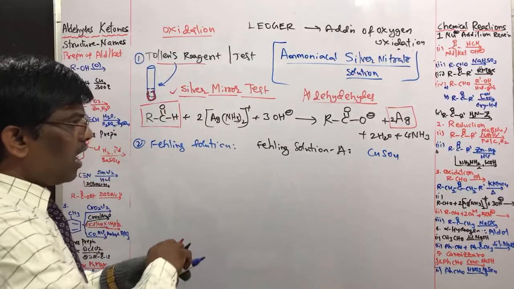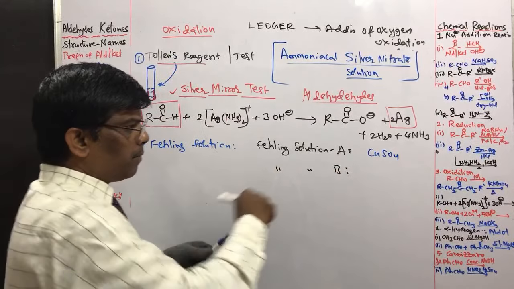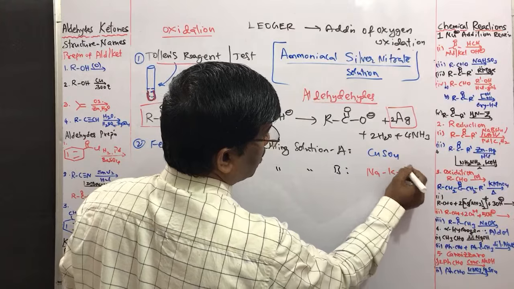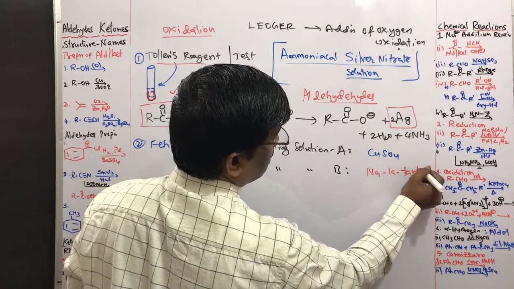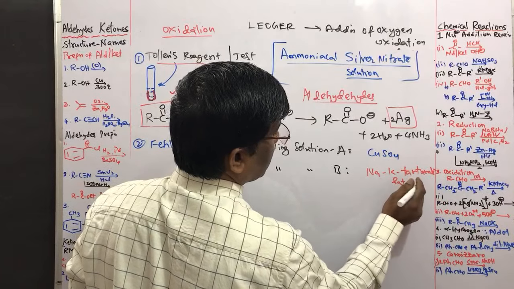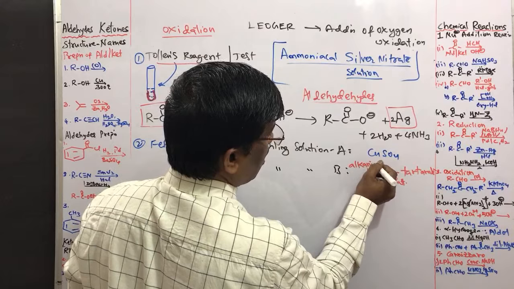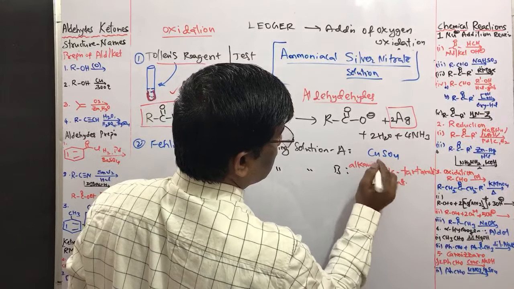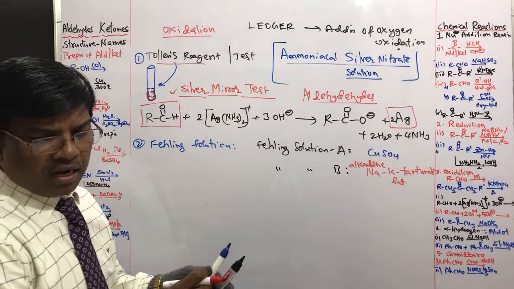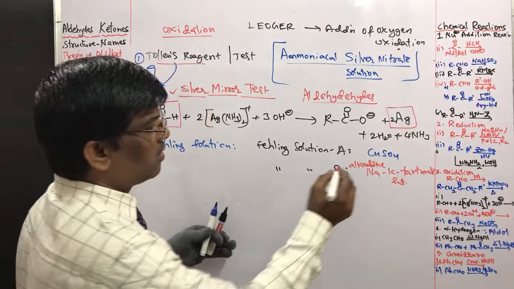And Fehling's solution B is sodium potassium tartrate salt, an alkaline solution. Students, it is a base solution. Alkaline means it is in alkaline solution. Alkaline sodium potassium tartrate.